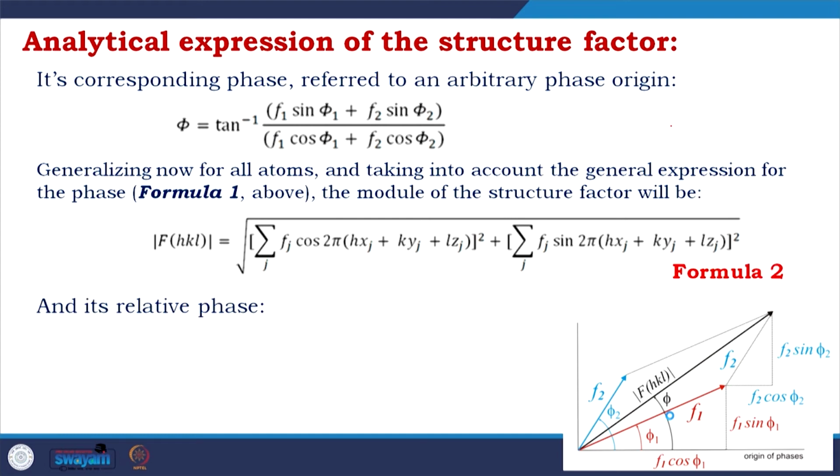So, this is now the formula 2, and the relative phase would be phi equal to tan inverse of summation j Fj sin phi j by summation j Fj cos phi j.